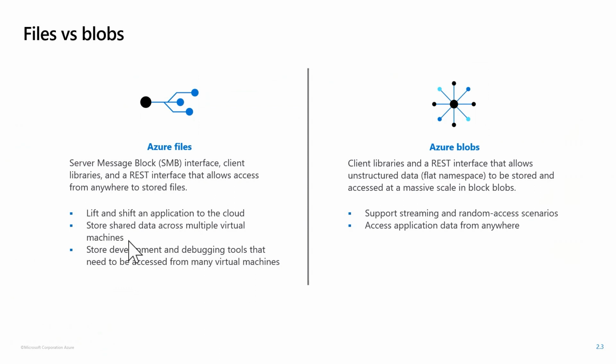So know some of the scenarios that would enable or empower an organization or user to manage Azure Files versus Azure Blobs. Blobs are unstructured, with a flat namespace, great for massive scale of block blobs. Also wonderful for support of streaming and random access scenarios, as well as data access from anywhere in the world.